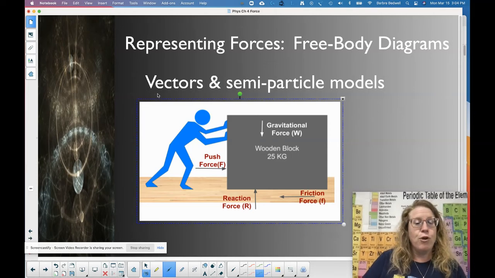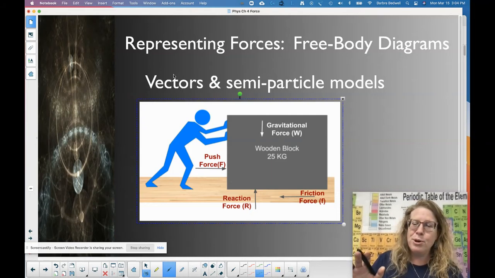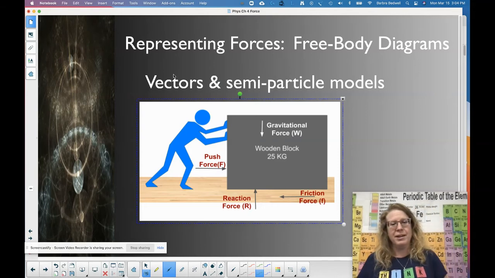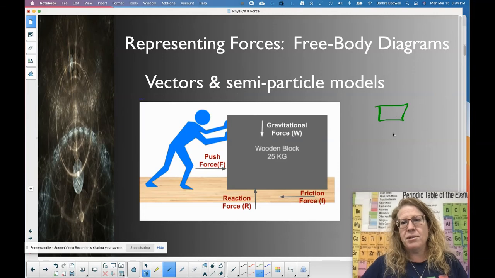Usually, again, force being a push or a pull, it's got both magnitude and direction, so forces are vectors, right? There's how hard you push, and then there's what direction you're pushing or pulling. And then we can kind of use semi-particle models as well. We don't have to draw fancy pictures. This free body diagram is a little bit more detail, but I could have just as easily drawn it as, there's a book, kind of like I did the last one, where there's the FG.